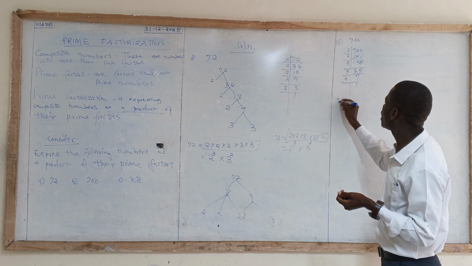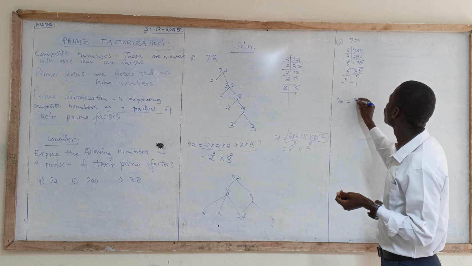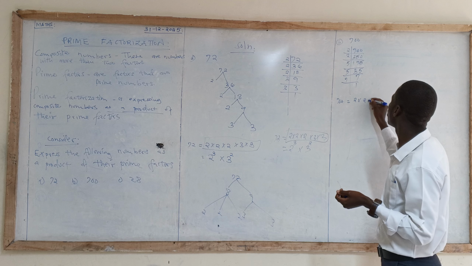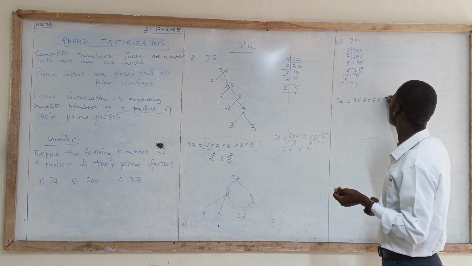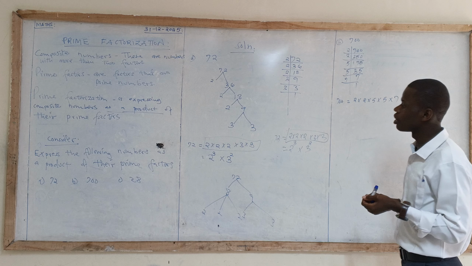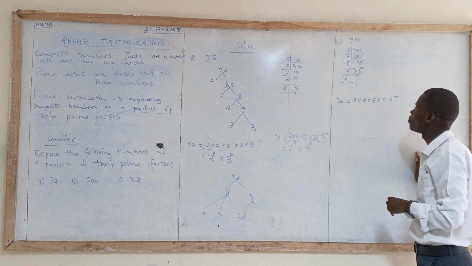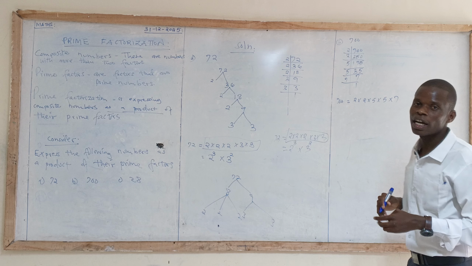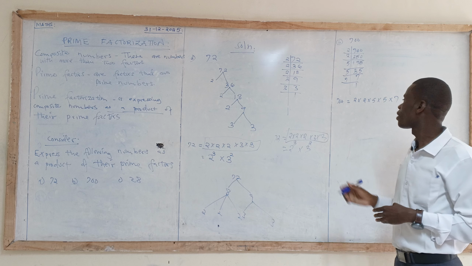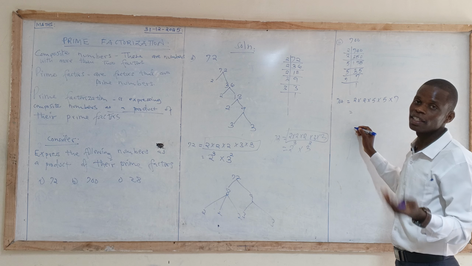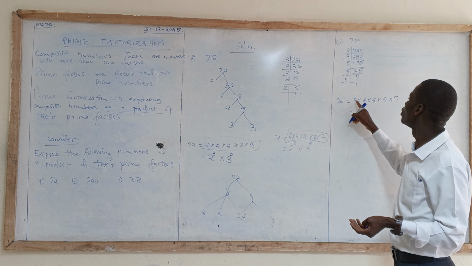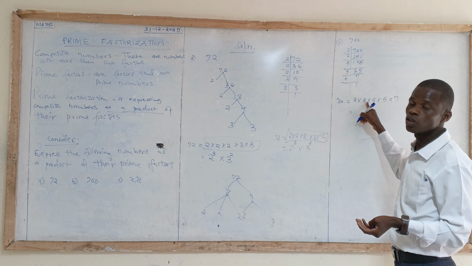So you say that 700 is equal to 2 times 2 times 5 times 5 times 7. This is what we now call prime factorization. Now we can go further and say we hate repetition. 2 appears how many times? 2 times.